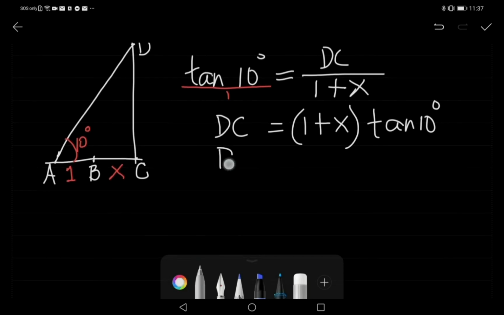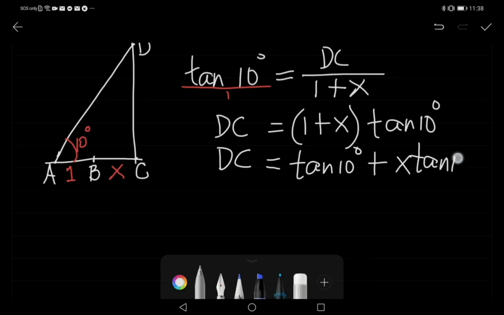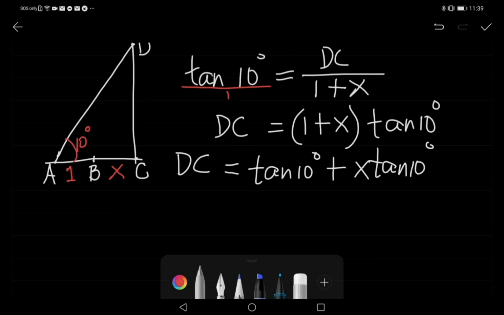So DC is equal, so we are going to distribute here. 1 times tangent 10 degrees is tangent 10, and x times tangent 10 degrees is x tangent 10 degrees. So this is equation number 1.